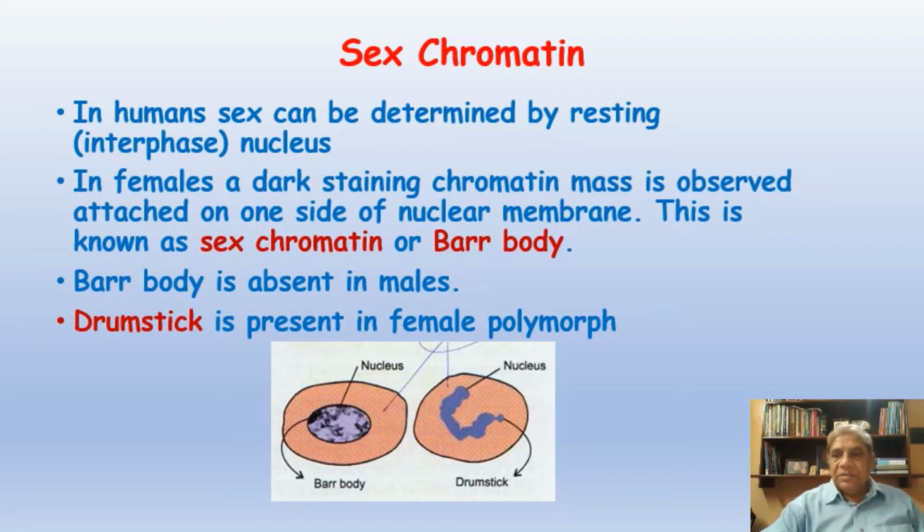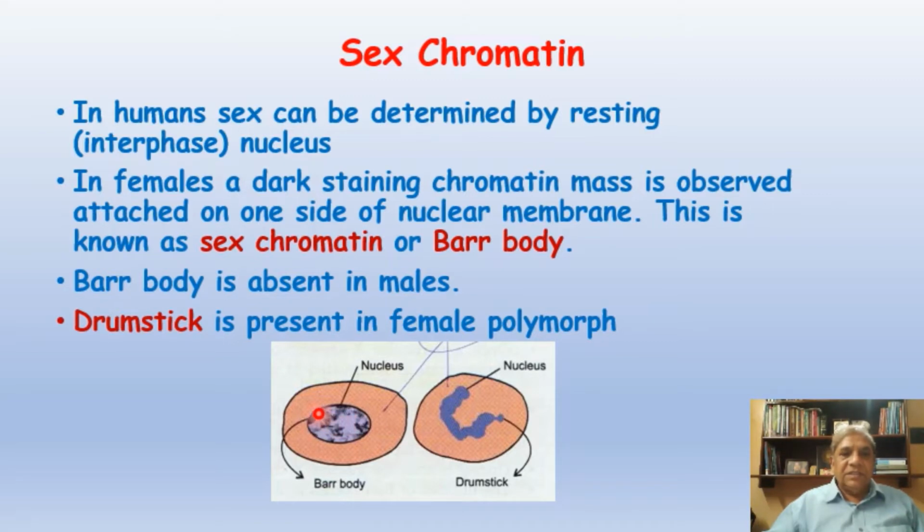So when you are looking at the nucleus of an interphase cell, a somatic cell of course, then you can see a dark staining chromatin mass which is attached on one side of the nuclear membrane. See, this is a somatic cell, and this nucleus is a mixture of heterochromatin and euchromatin.